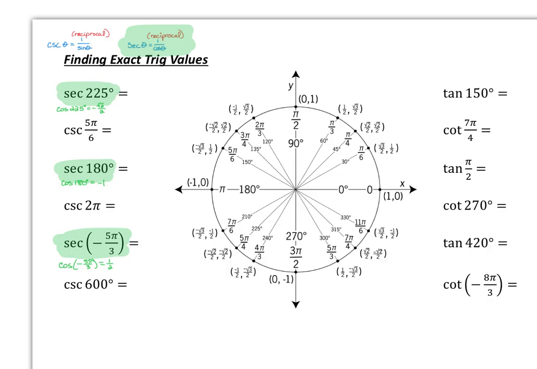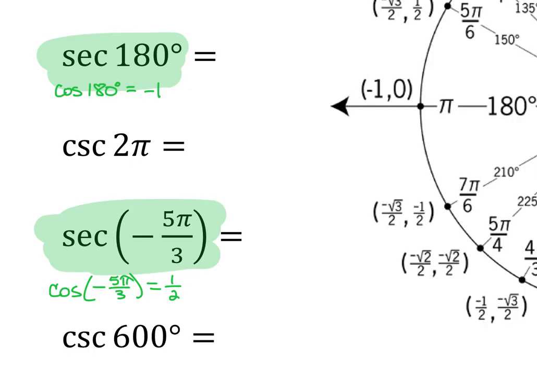So for secant of 180, what you're thinking here is that that's going to be 1 over whatever the cosine is. And so 1 over negative 1. And then just think, what's 1 divided by negative 1? That's going to equal negative 1.